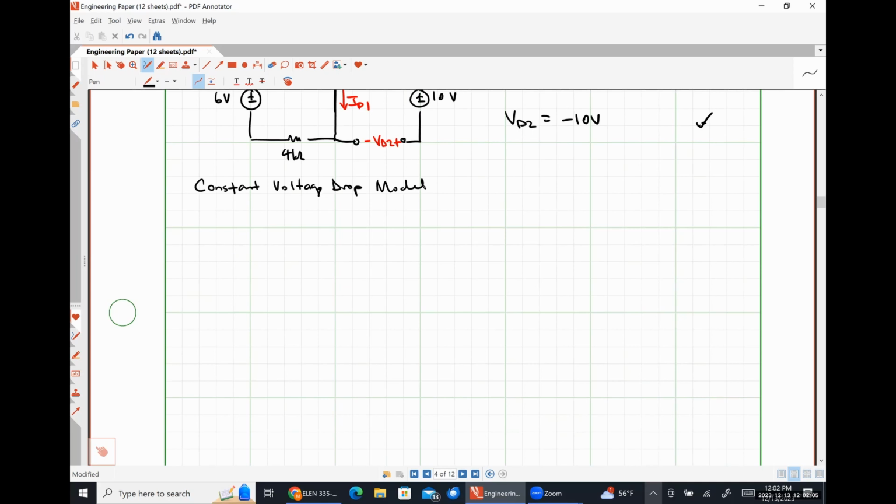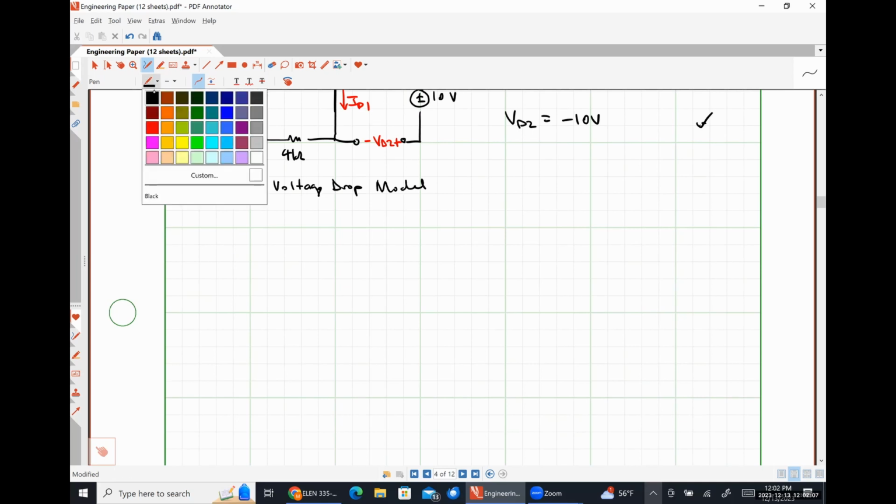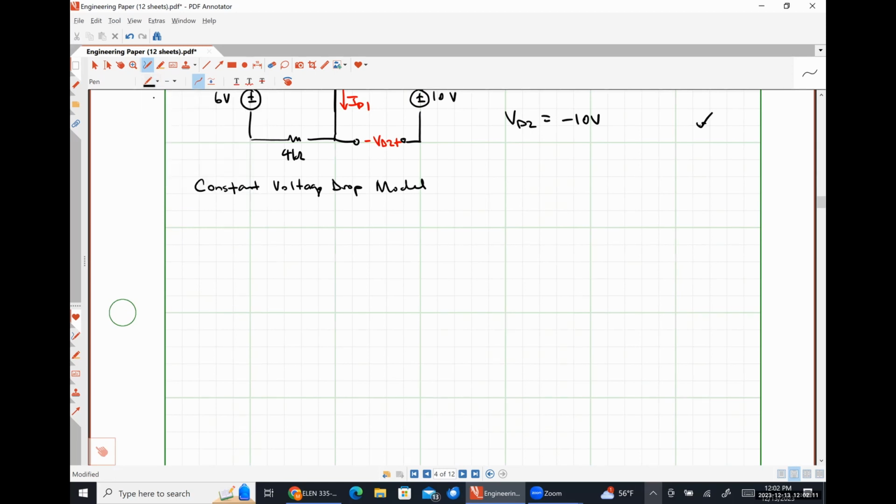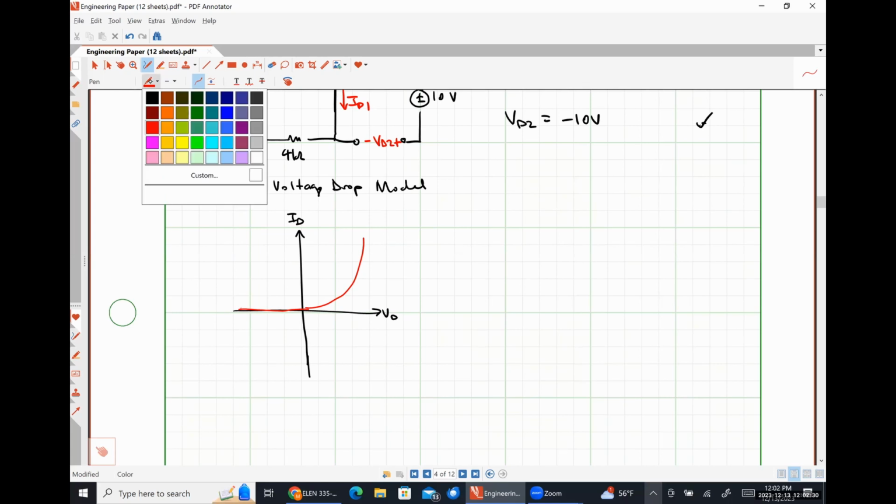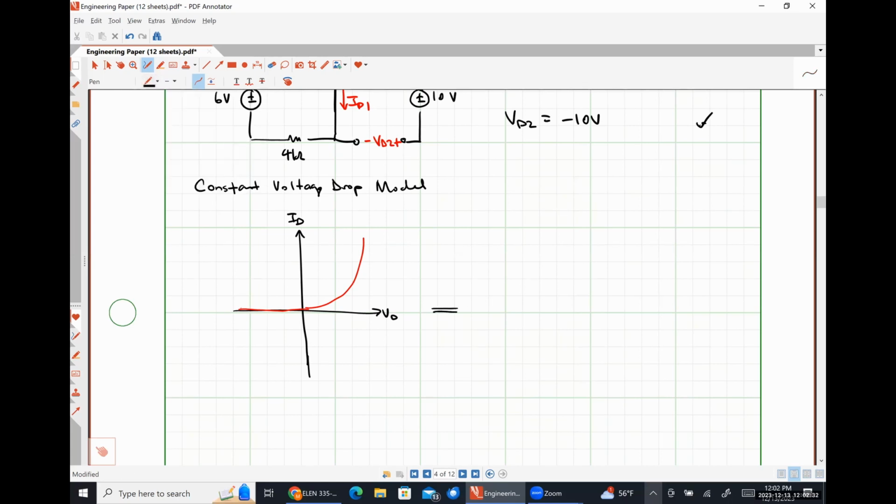So the constant voltage drop model is a compromise between the Shockley and the ideal diode models. So I'm going to draw the curve for the Shockley diode model again. So here was our diode current, our diode voltage. And then our curve looks something like this. The constant voltage drop model is as follows.